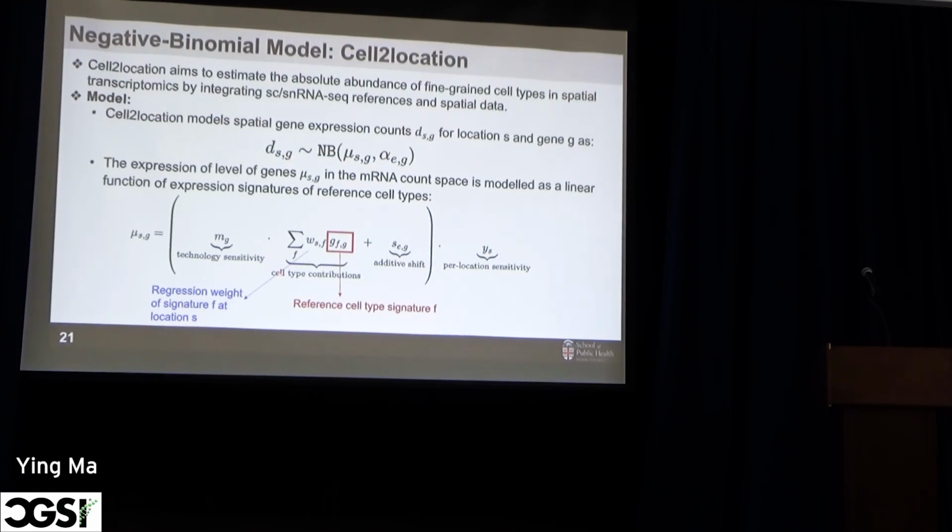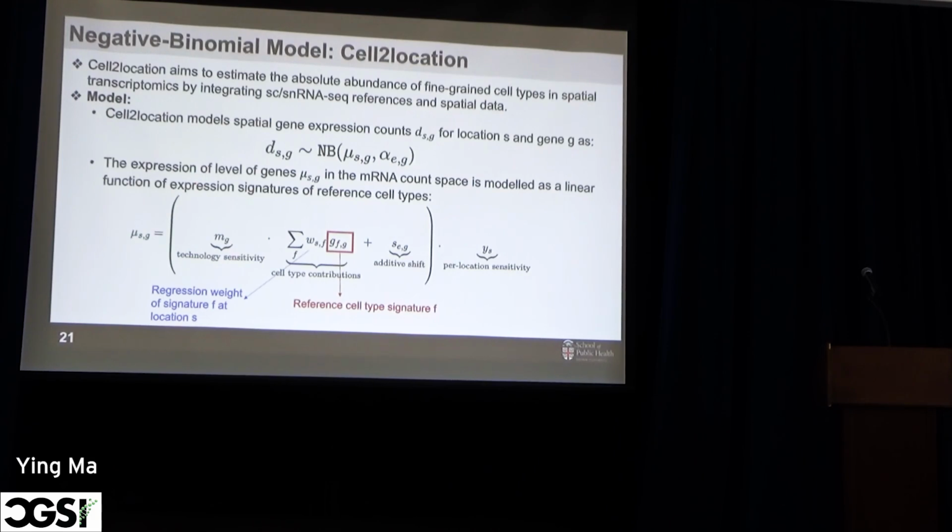And then they further model this mu as another equation that considers the regression weight of the signature and also the reference cell type signature. So here, w_sf represents the cell type abundance for each spatial location s.